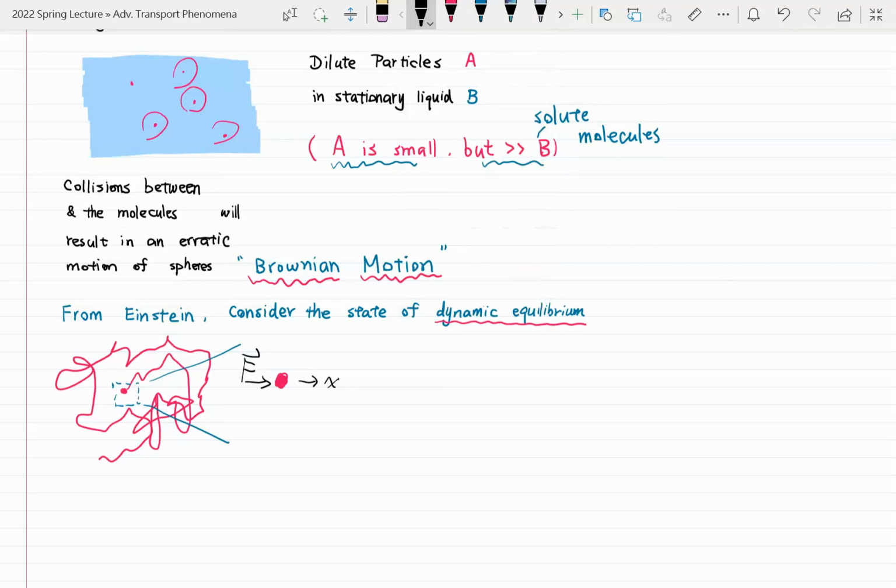So we'll say F exerted on the particle causes the random motion of particles.